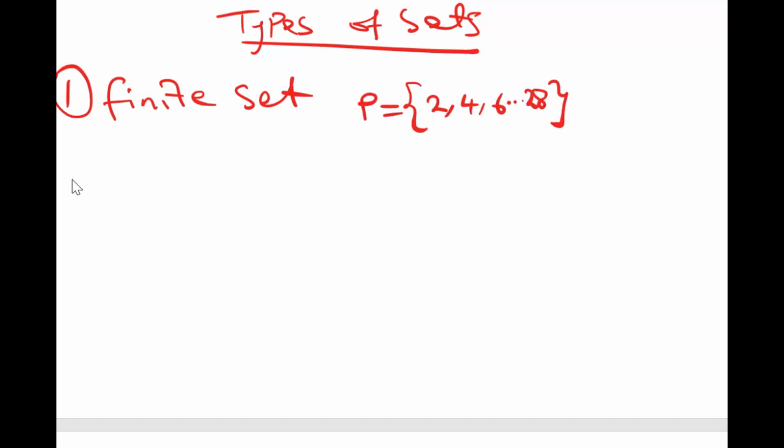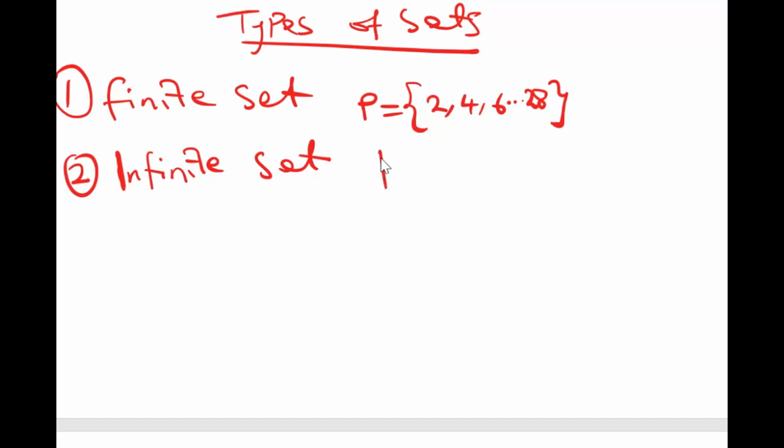Then number 2 is the infinite set. An infinite set is a set whose elements cannot be counted.